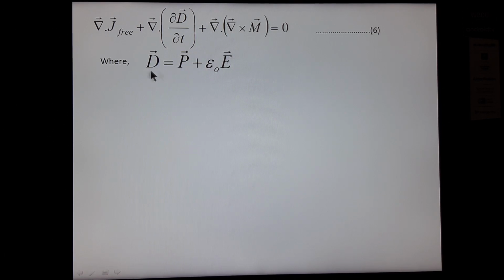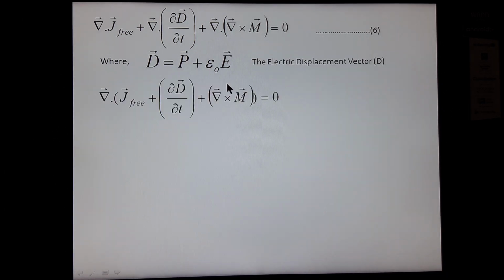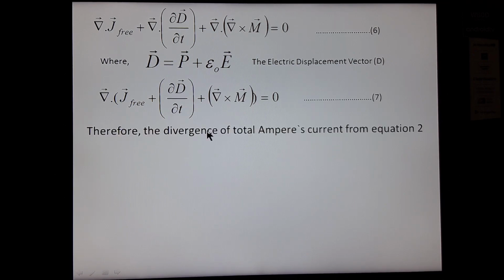In that case, the displacement vector will be this term only, and from equation 6 we get that the divergence of the total current, including the new current component due to the rate of change of electric displacement vector, is equal to 0 in our present case, and we write it as equation 7.